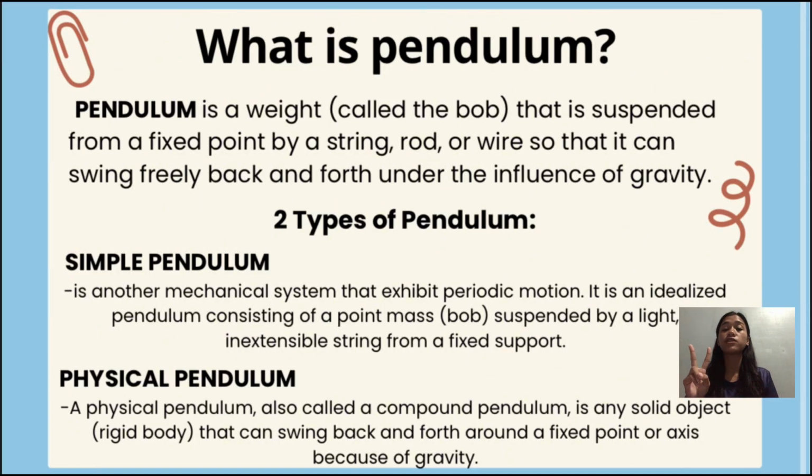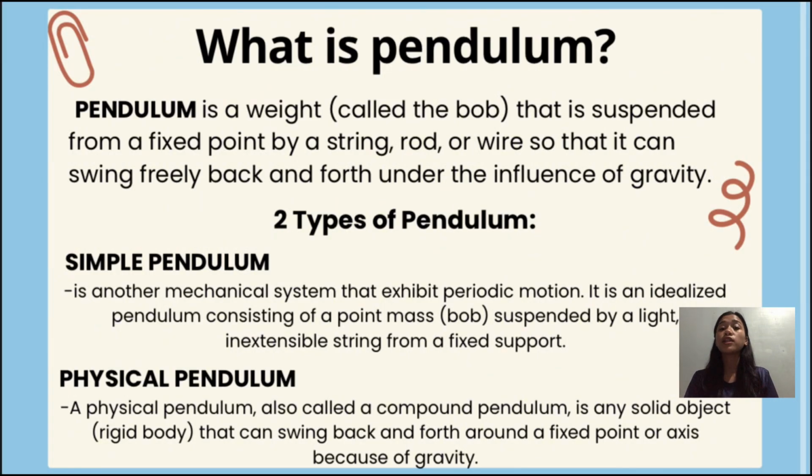There are two types of pendulum, which are the simple and physical pendulum. First, let's talk about the simple pendulum. A simple pendulum is another mechanical system that exhibits periodic motion. It is an idealized pendulum consisting of a point mass, the bob, suspended by a light, inextensible string from a fixed support.